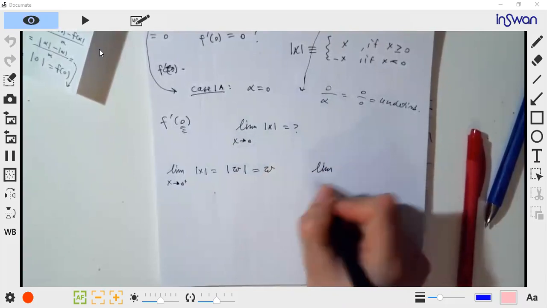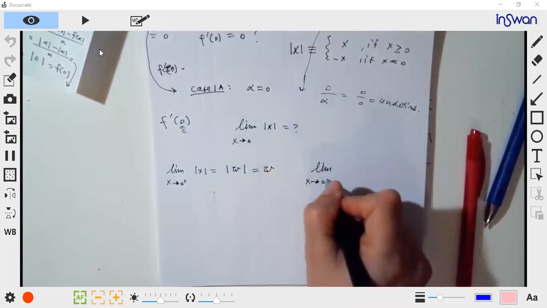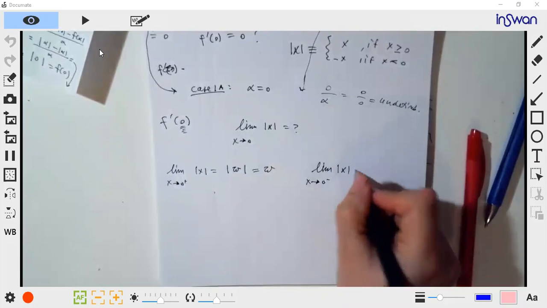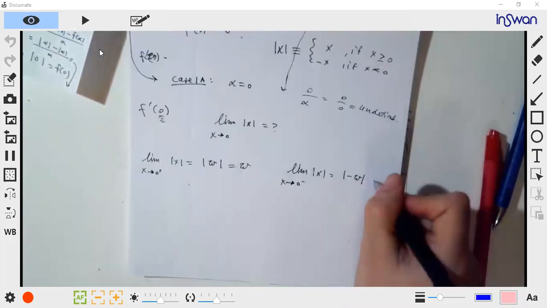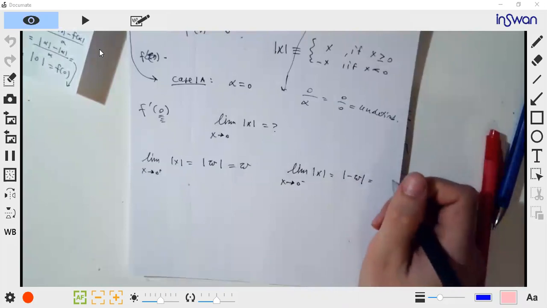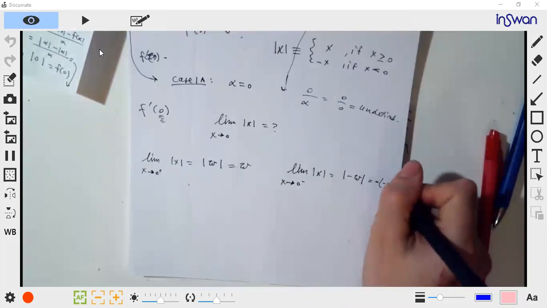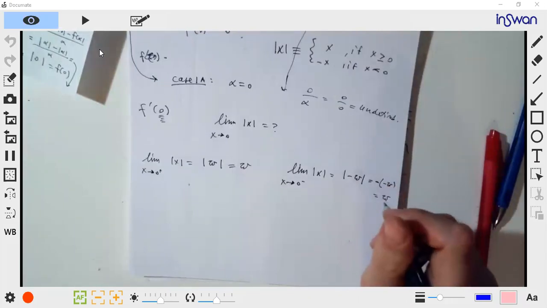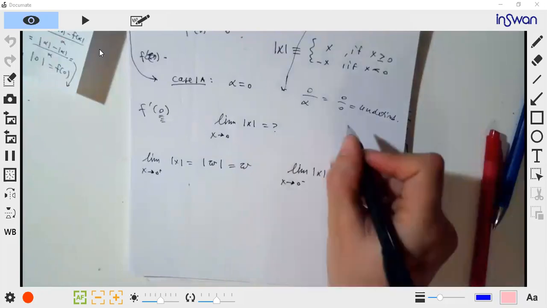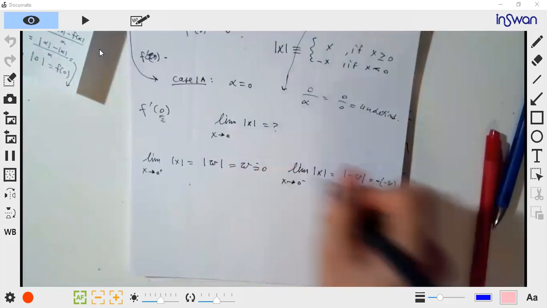But the limit as x approaches 0 from the left of absolute value of x is equal to the absolute value of negative omega, which is equal to negative absolute value of negative omega, which equals omega. Both of them render the real result 0.